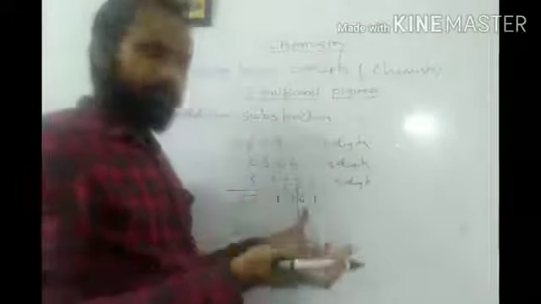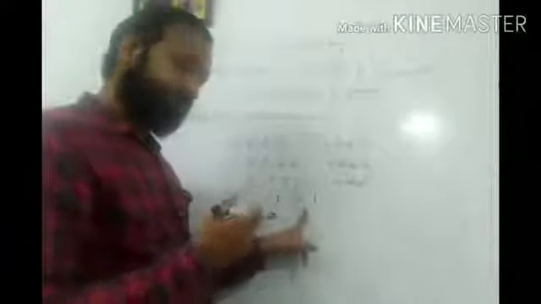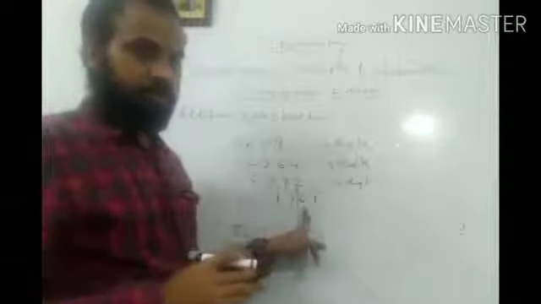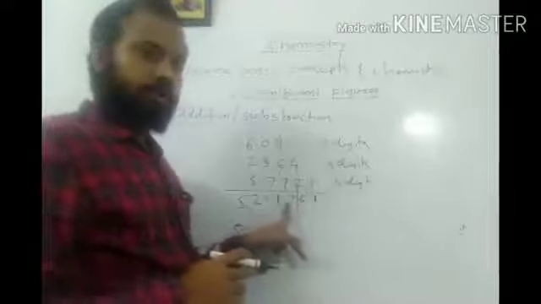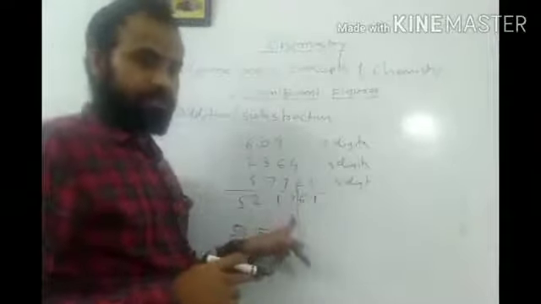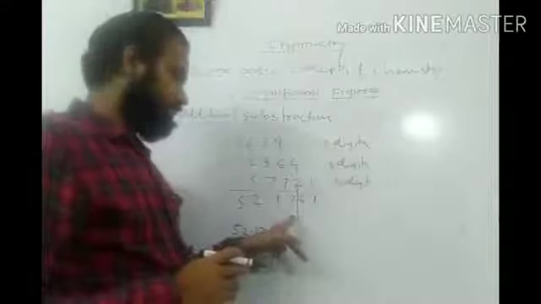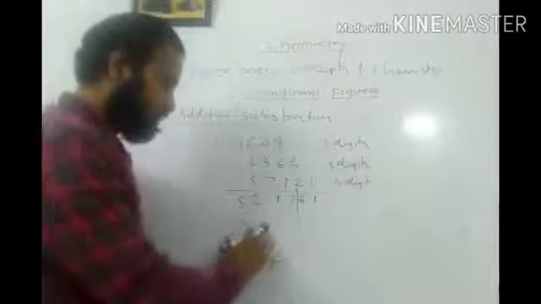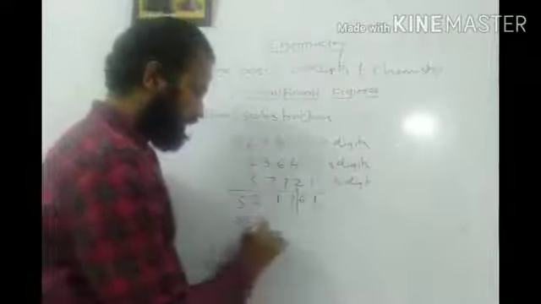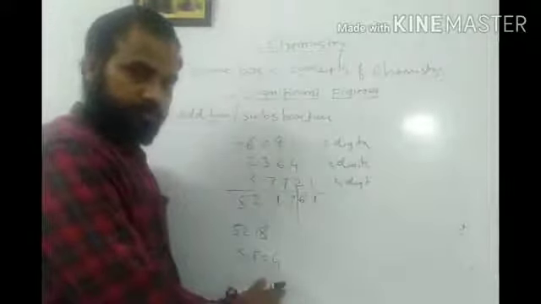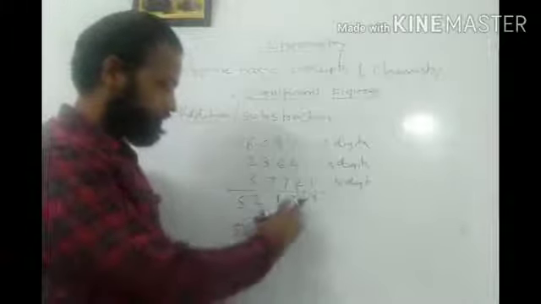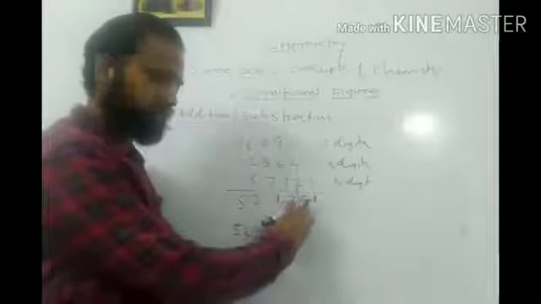If this digit is greater than 5, according to the principle of rounding off, we add one to the adjacent digit. So it should not be 17, it should be 18. And there will be no change while writing down the significant figures, because I am just replacing this 7 by 8.